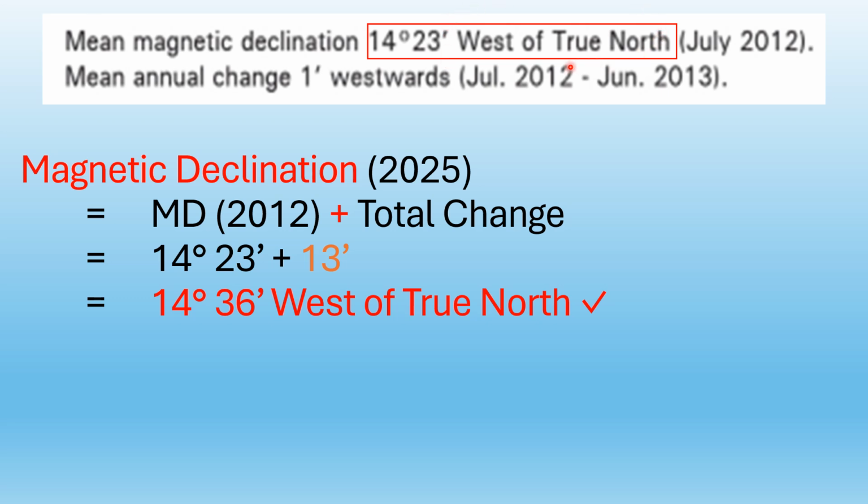So in doing your calculation and arriving at the final answer, the words west of true north have to be included into your answer. Just at this stage, you will receive a mark if the degrees and the minutes are accurate. West of true north has been included, but you would also receive a mark for realizing that these values need to be added in this final step.